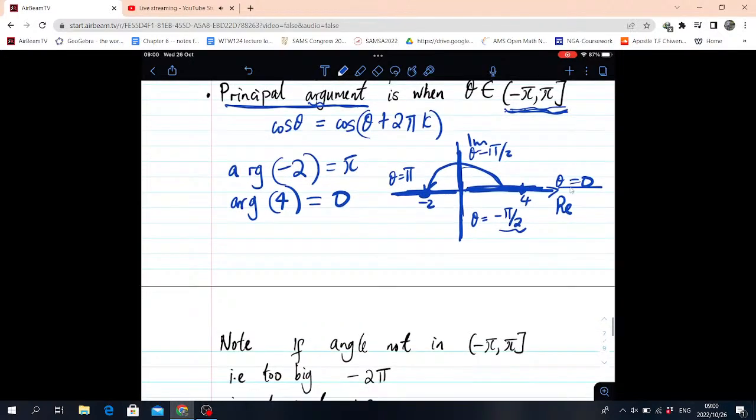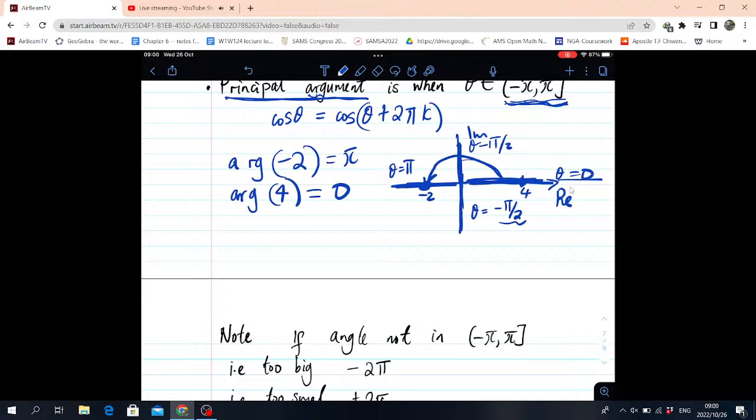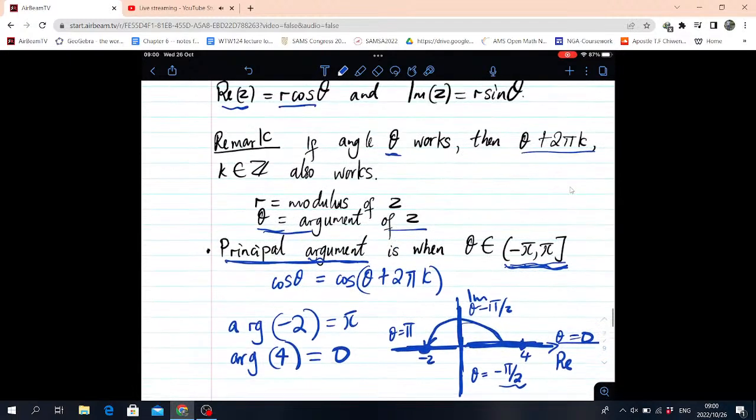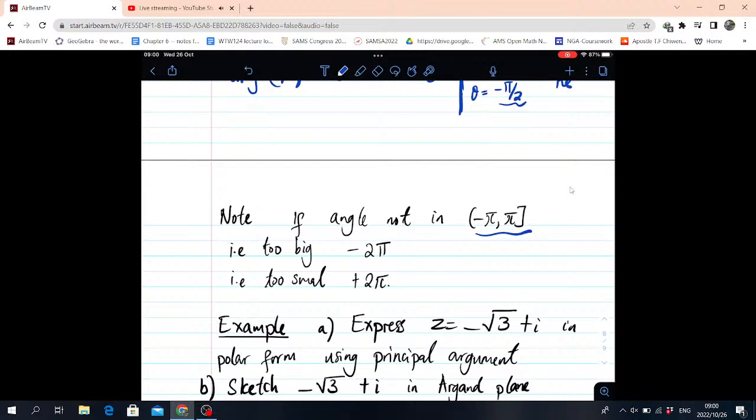And then one thing you need to note is if your angle is not in between these ones, so you find some angle that is bigger or smaller than minus pi or pi, then to find the principal argument, if it's too big, you have to subtract 2 pi. And if it's still too big, you subtract 2 pi again. And if it's too small, then you add 2 pi.